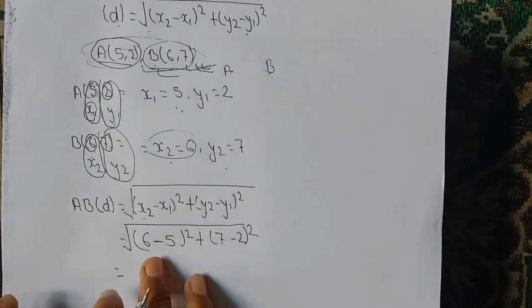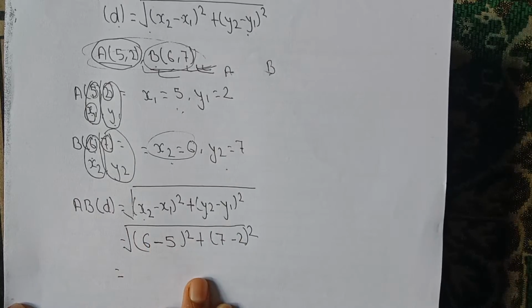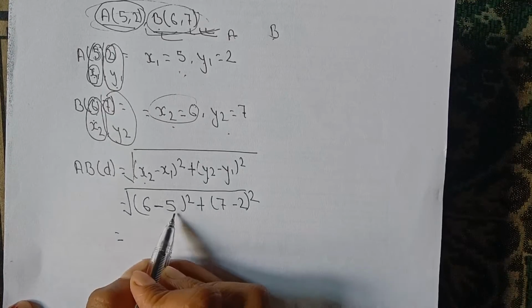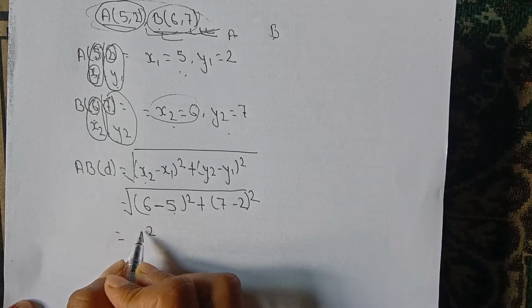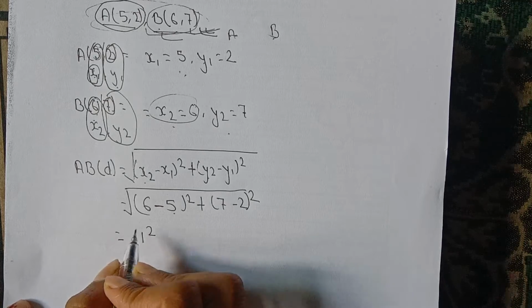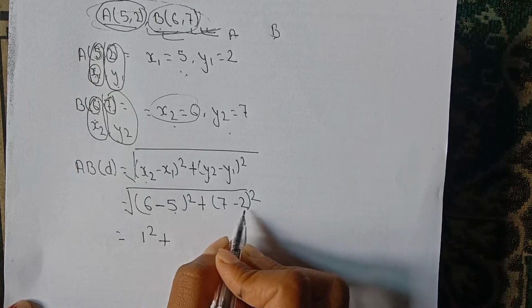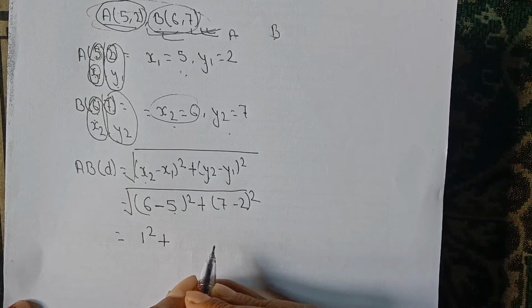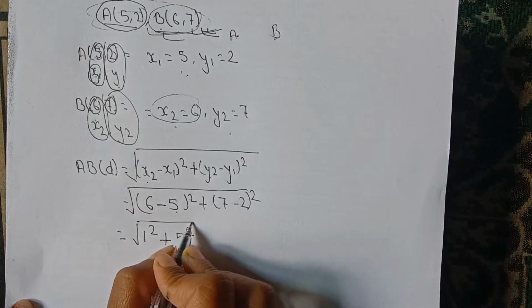After that we have to simplify this. My dear friends, do you know how to simplify this? Yes. 6 minus 5 is 1, square. Since there is only one number, we just write 1 square, plus 7 minus 2, which is 5, square, and the root over.